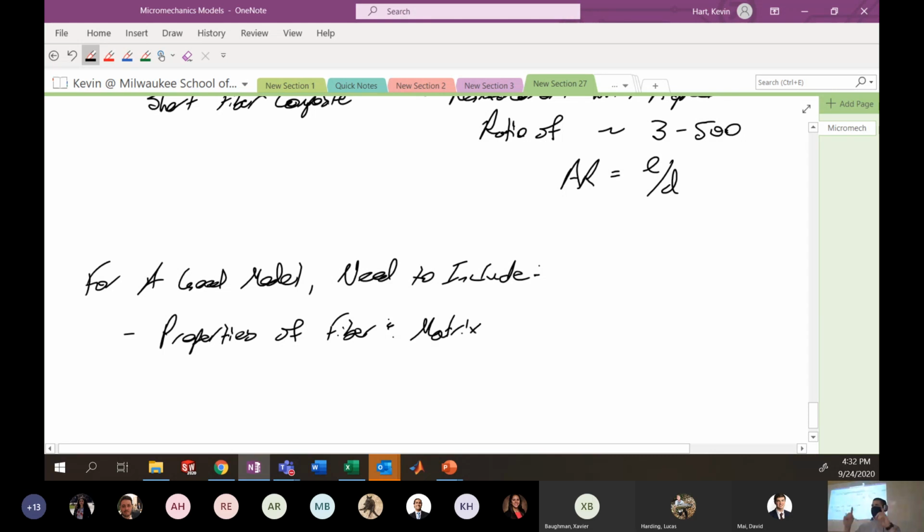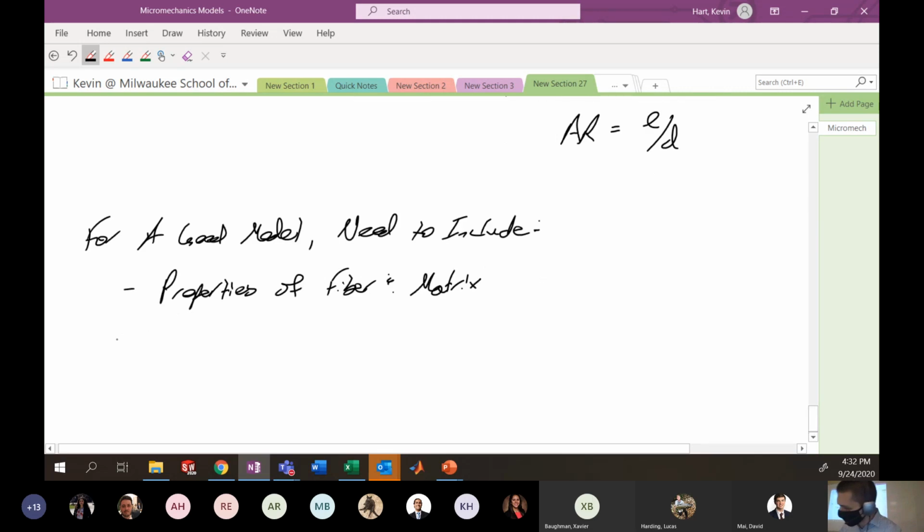What else is important? Volume fraction. When we're talking about short fibers, we should also include the aspect ratio in our model.